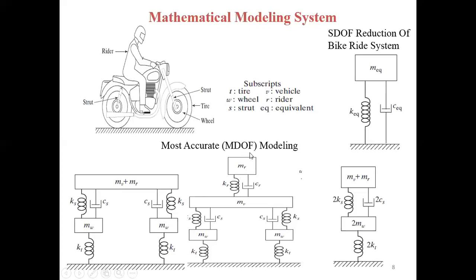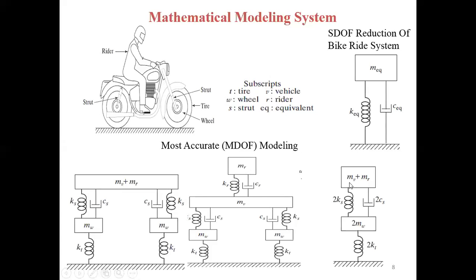Now the mass of the rider also contains spring and damping. So the equivalent vibratory system converts to 2 times stiffness, 2 times damping coefficient and 2 times wheel stiffness.